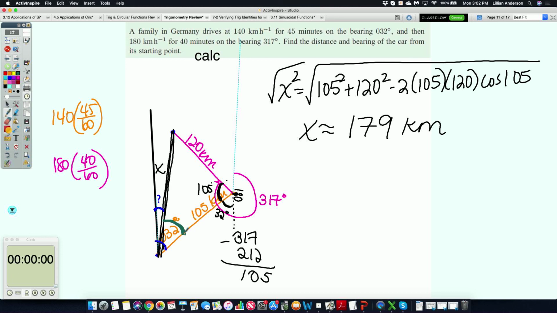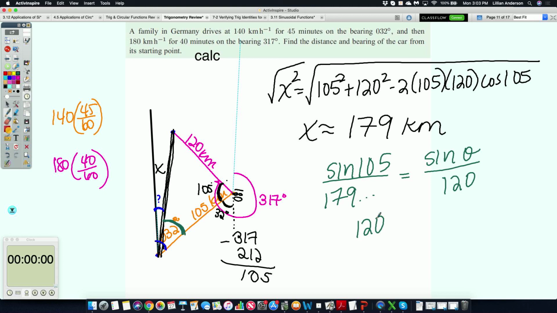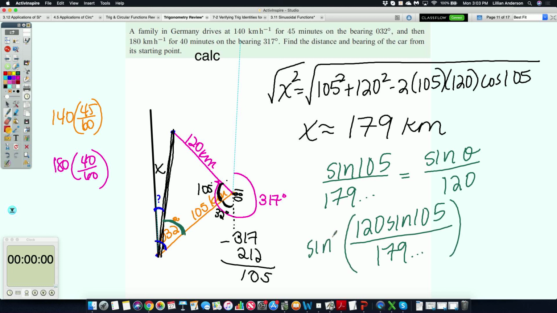So that's going to be sine of 105 over that 179 number equals sine of, let's say theta, over which side? 120. I will cross multiply, divide by the 179 number, and then take the inverse sine to find that angle inside of my triangle.